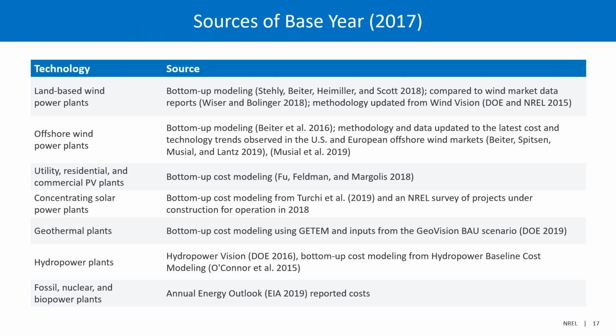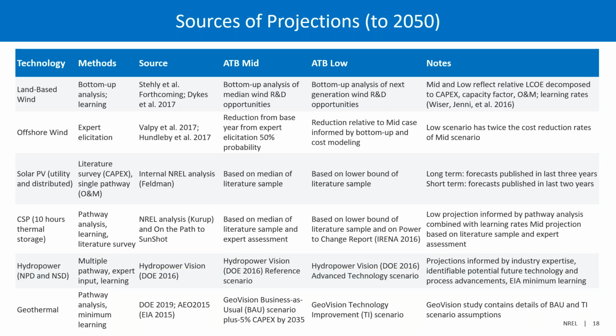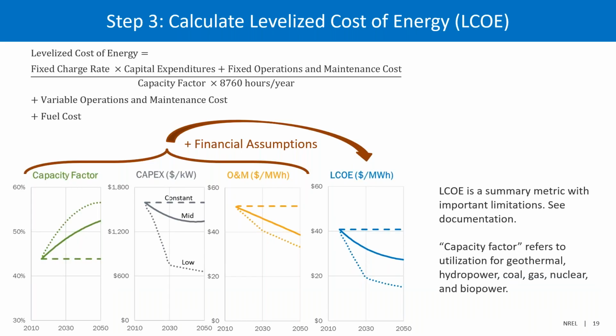And generally speaking, the main change in terms of sources of base year data is that several of our technology programs are using more bottom-up cost modeling in developing these, which is also the case in terms of our sources of projections. So that's probably the big change in terms of sourcing between last year and this year.